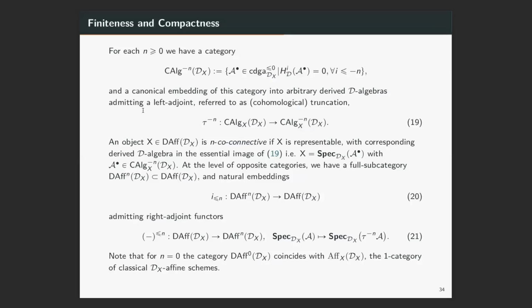Now, a derived affine scheme can be made sense of as n co-connective as well, if its underlying algebra is so. And these in turn induce natural embeddings of these categories. And conversely, they have these truncation functors, cohomological truncation at each stage. This is an important structural part of the theory. And they necessarily have right and left adjoints, depending on what we're doing throughout all of this.